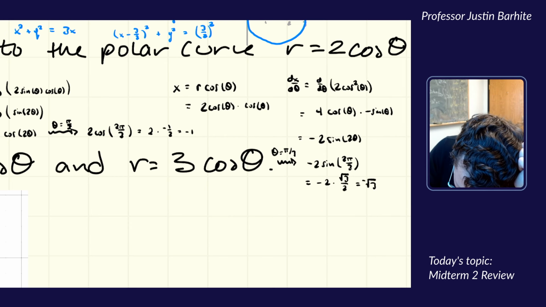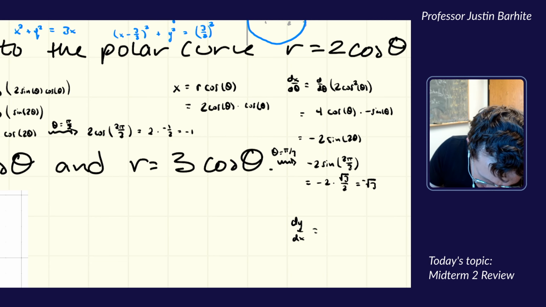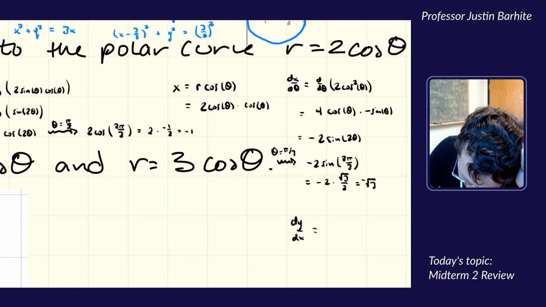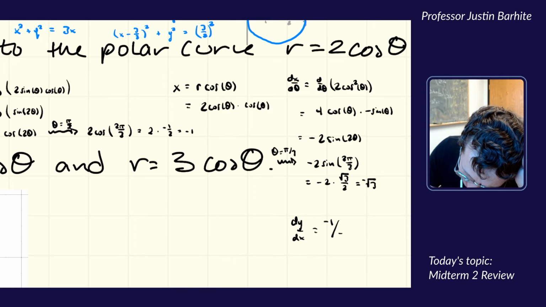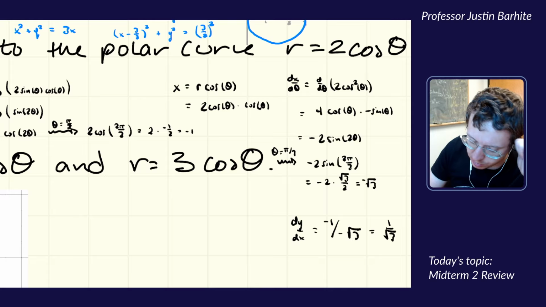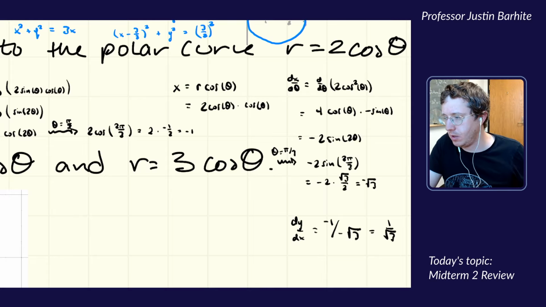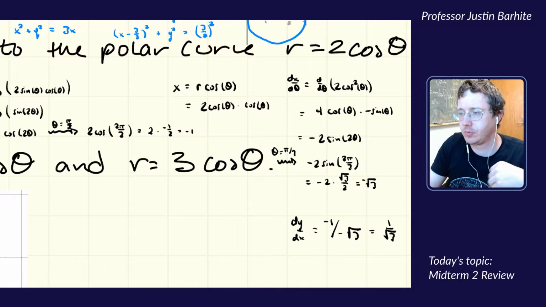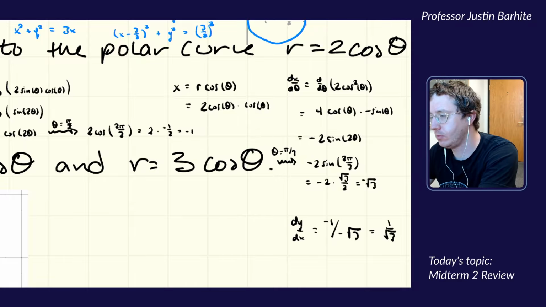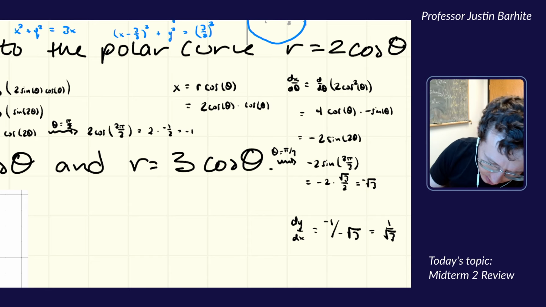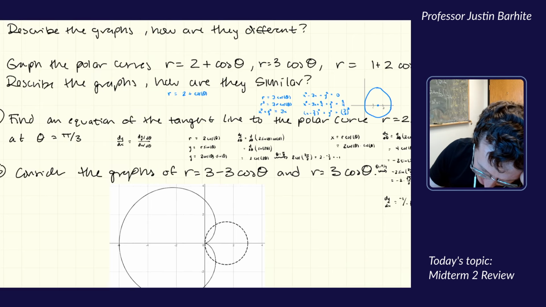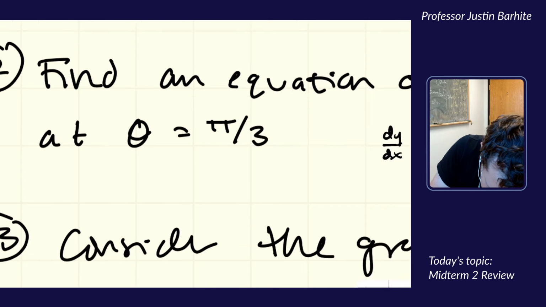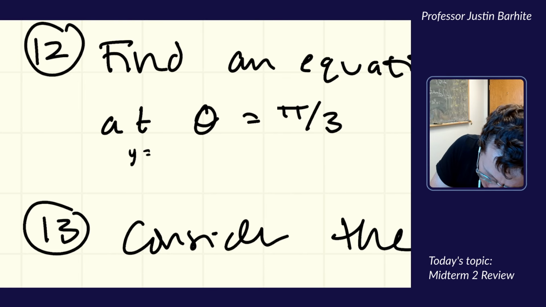That means that dy dx is dy d theta, which was negative 1, over dx d theta, which is minus root 3. So it comes out to 1 over root 3. And we were asked to find an equation of the tangent line. So I should also find the y and x coordinates.